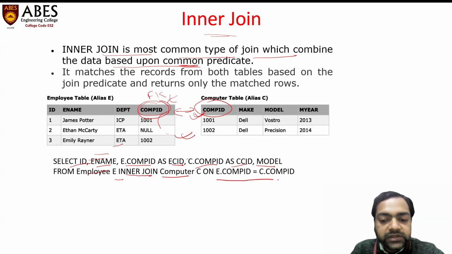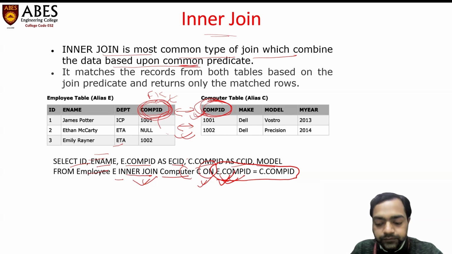Now this is the condition for the inner join: at least one attribute must be the same in both the tables. So this will be written using the on clause, right? So here we have performed an inner join between these two tables, computer and employee, with the condition that e.comp id, the comp id present in the employee table, and the comp id present in the computer table must be the same, right?